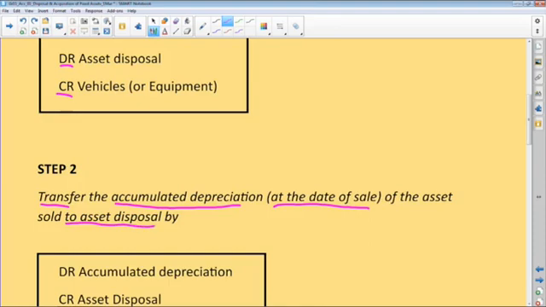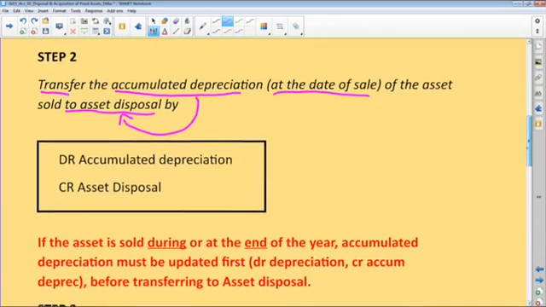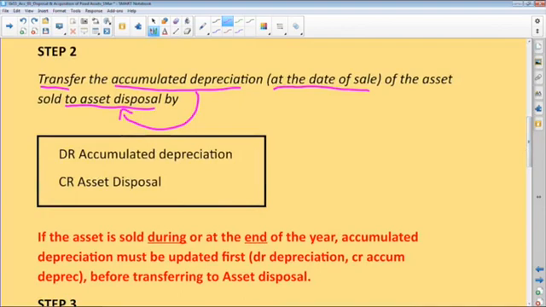So I'm transferring accumulated depreciation to a T account called asset disposal. Once again, there's a journal entry that needs to be passed. I'm going to debit accumulated depreciation, and this time I'm going to credit asset disposal. Okay, with me? Very, very important.